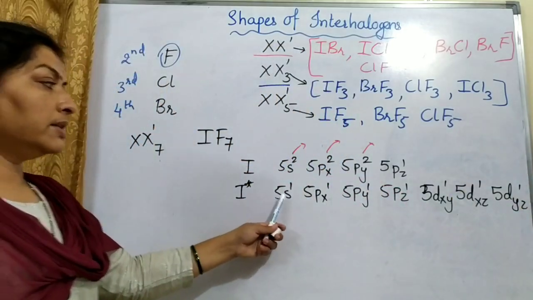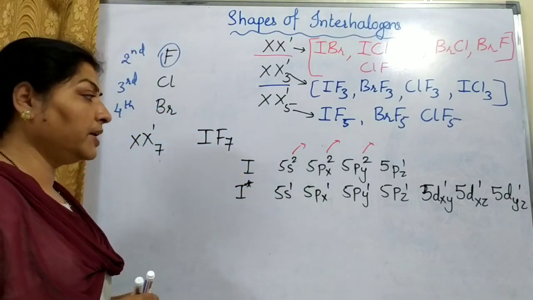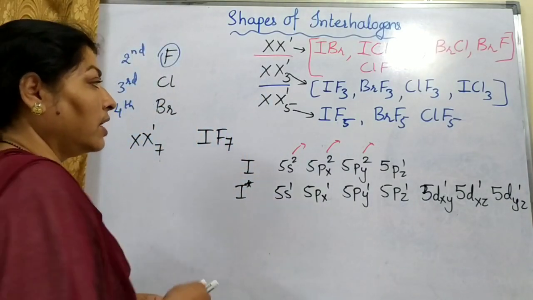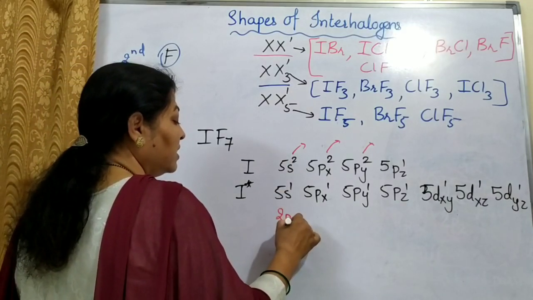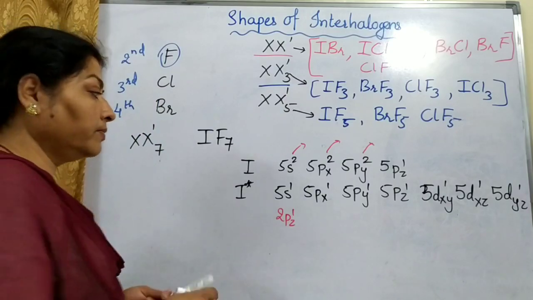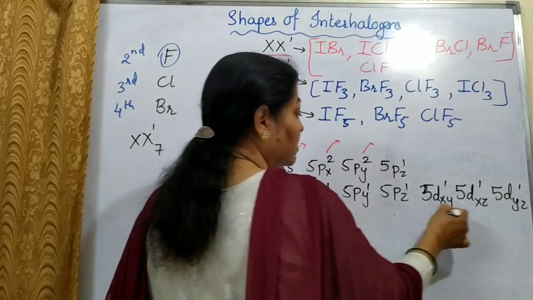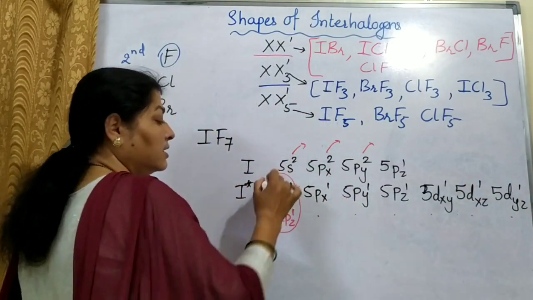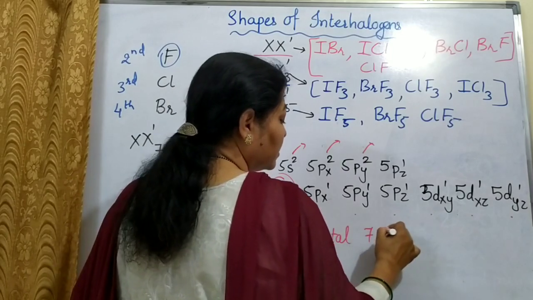So now you can see 1, 2, 3, 4, 5, 6 and 7 unpaired electrons are available. And F again in the same way will share its pz1 for bonding, the same way for each one. So as a result, there will be a total of 7 bond pairs.